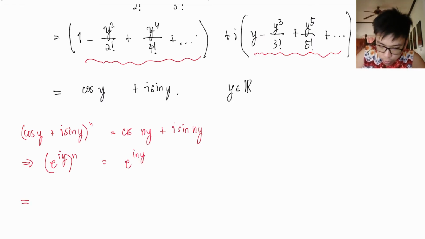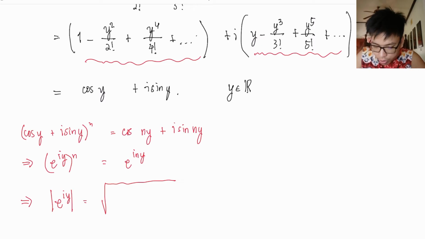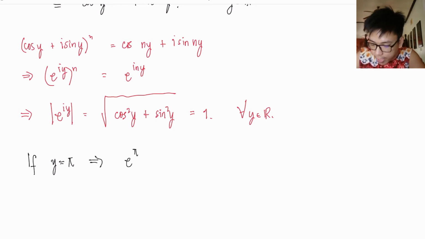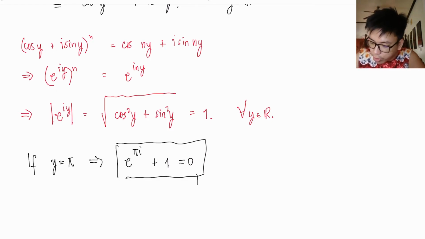And so the modulus of e to the iy is the square root of cosine squared y plus sine squared y, which is equal to 1 for every y in R. If we assume y to be equal to pi, then we have e to the pi i plus 1 equals 0, and in fact, this is the most beautiful equation as claimed in complex analysis.